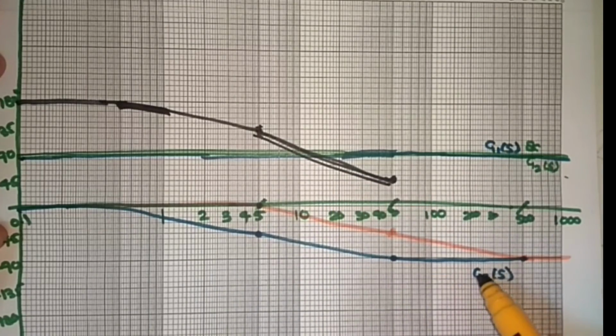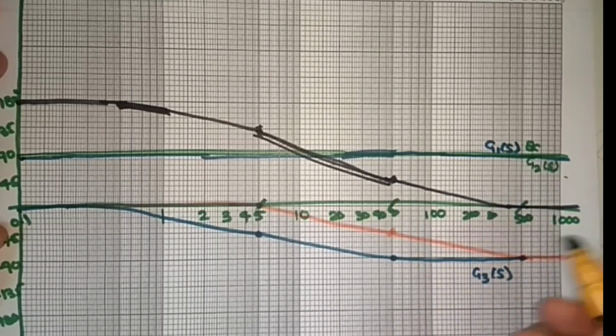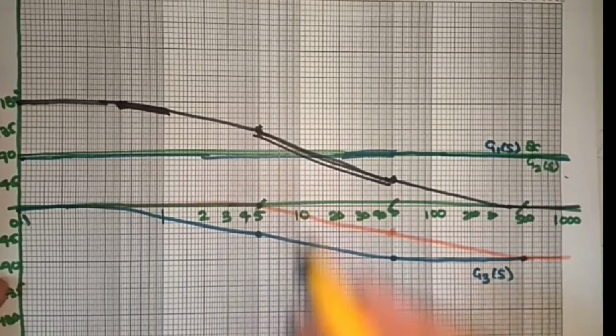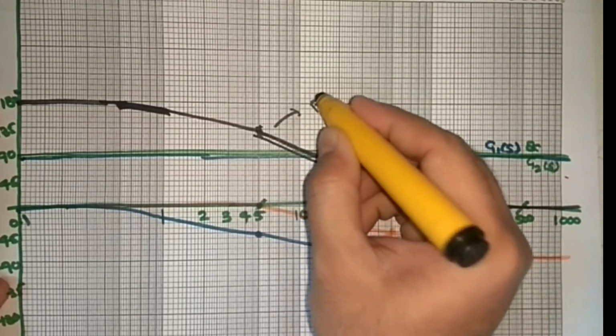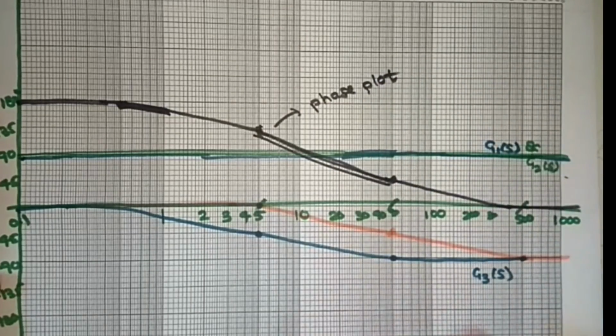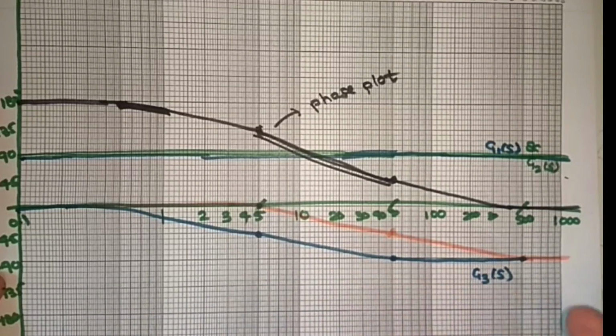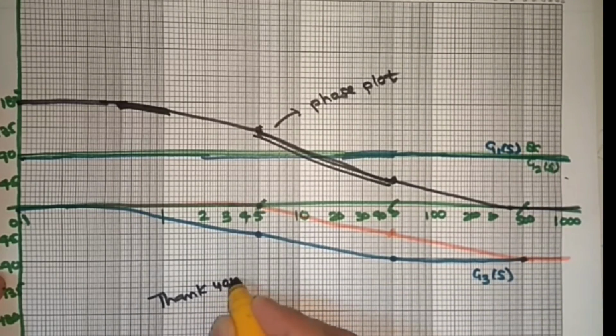Then here onwards again the same, and this is 0. So this is what you got, the phase plot. Just you need to add each decibel. Thank you.